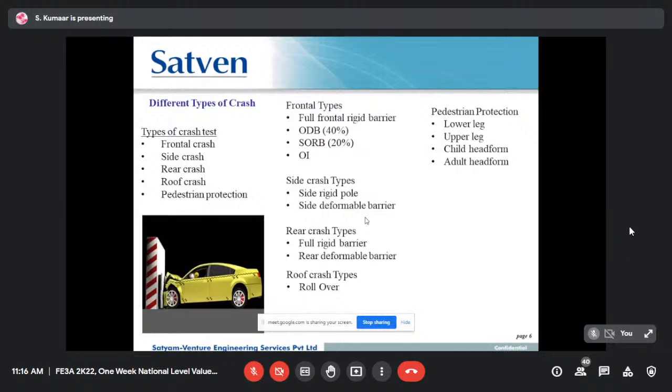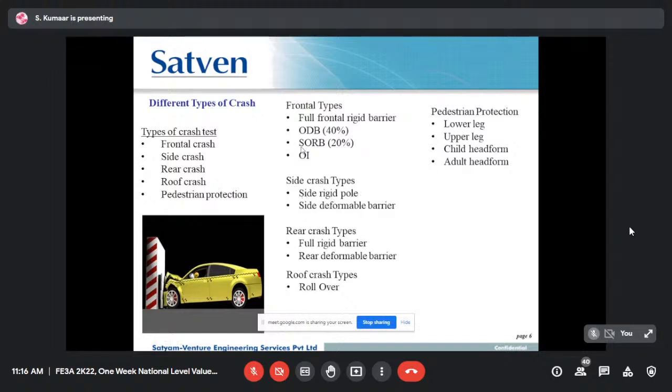Now, different types of crash. First is the frontal crash. Here we have more types: full frontal rigid barrier, offset deformable barrier, small overlap rigid barrier, and oblique impact. Next are the side crash types: side rigid pole and side deformable barrier.